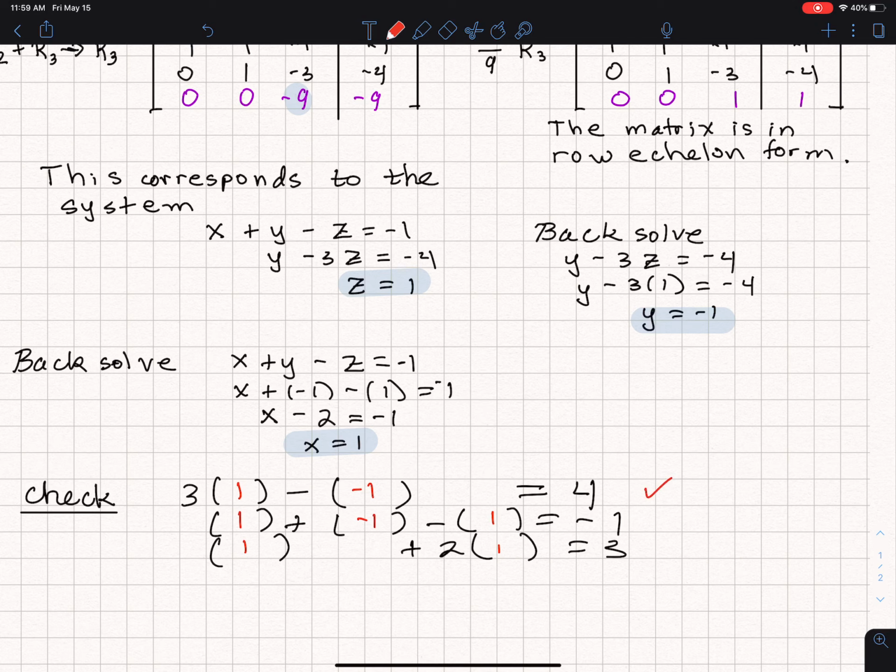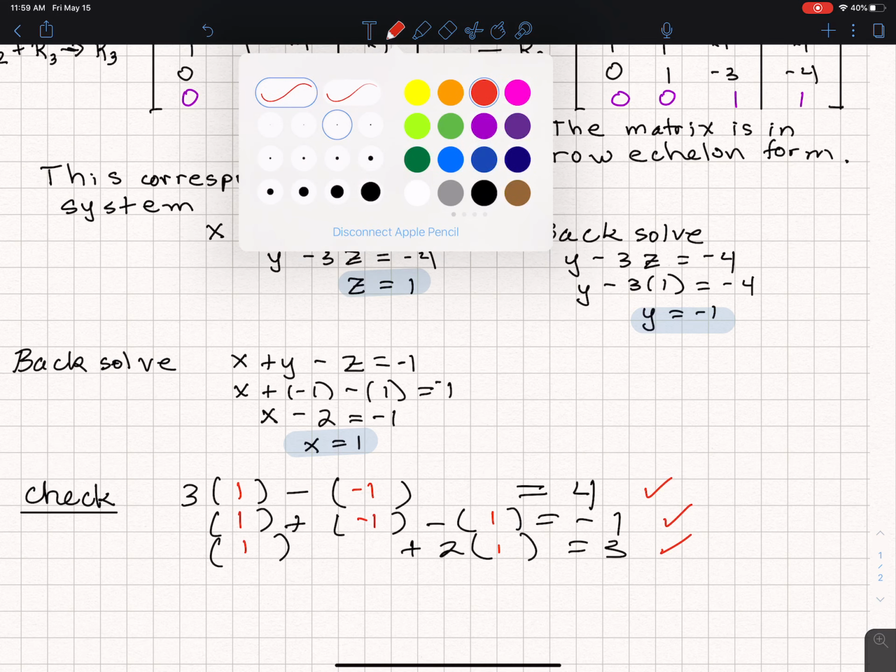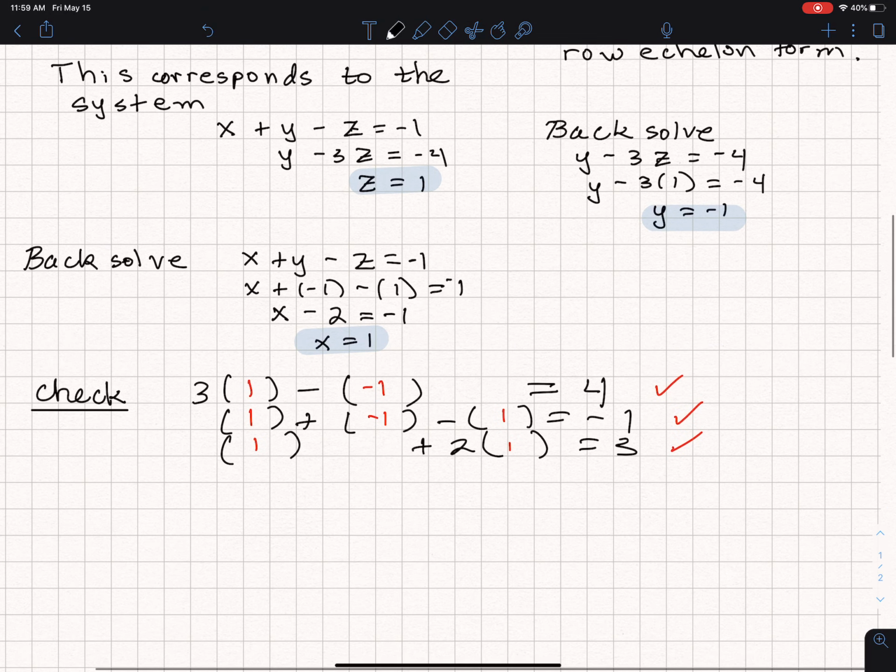And so we see that 3 minus negative 1 is 4, 1 minus 1 minus 1 is negative 1, 1 plus 2 is 3. So that worked, that's always satisfying.